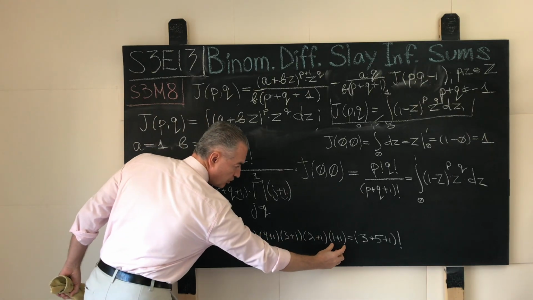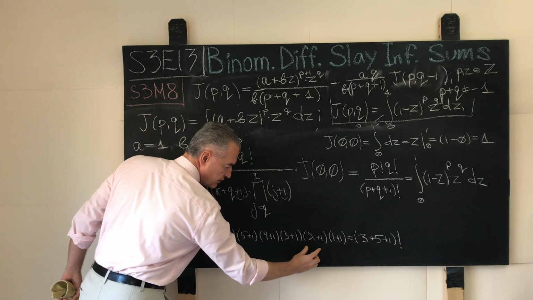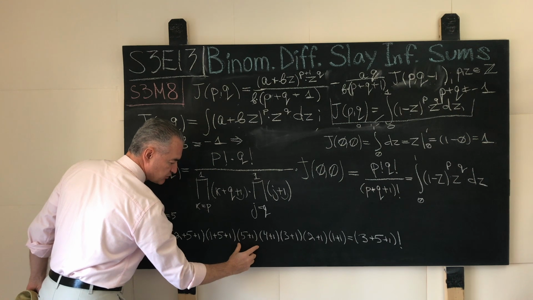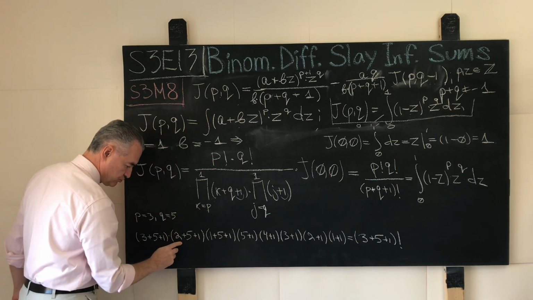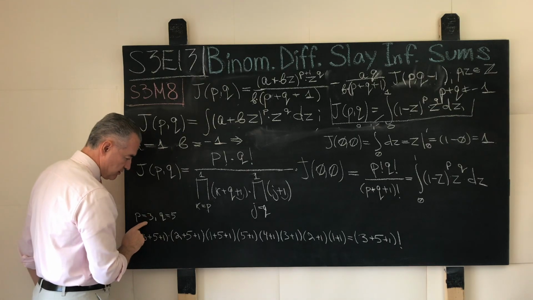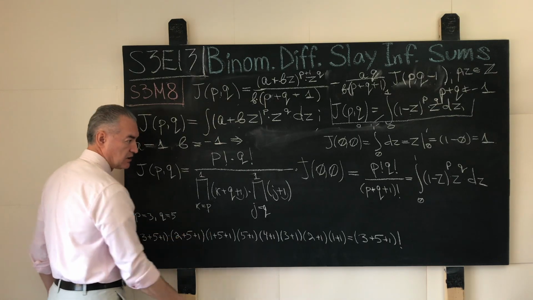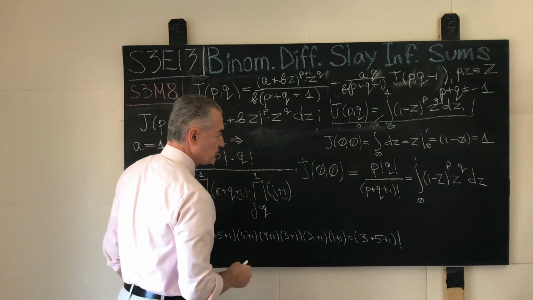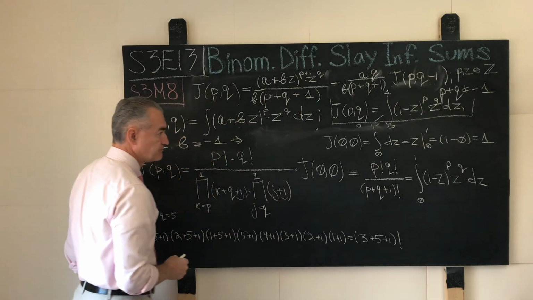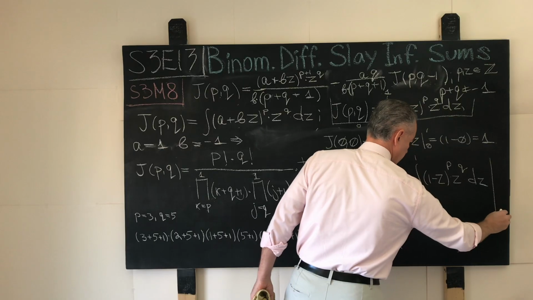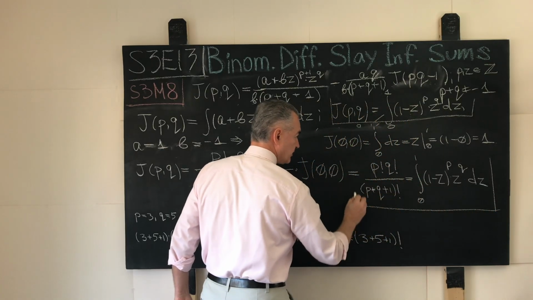You see one number increased by 1, increased by 1, by 1, by 1. Here we have 5 plus 1, another 1, another 2, and so on. What is this? Well, there is no choice. It is 3 plus 5 plus 1 factorial. Game over.